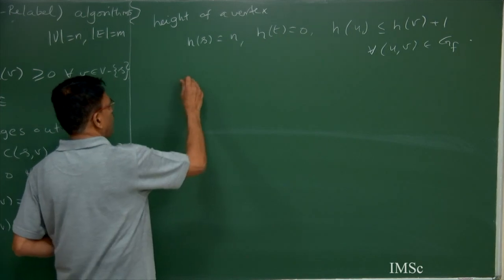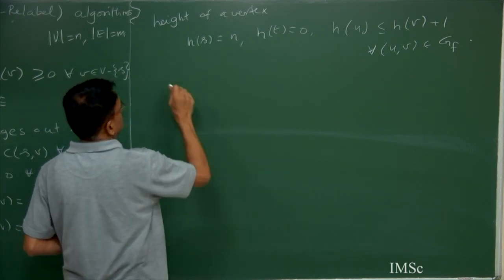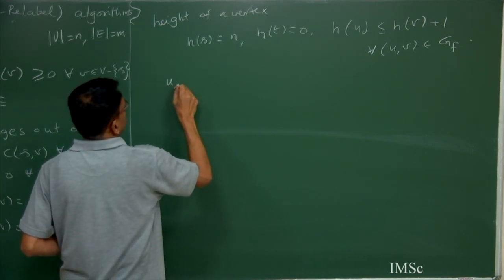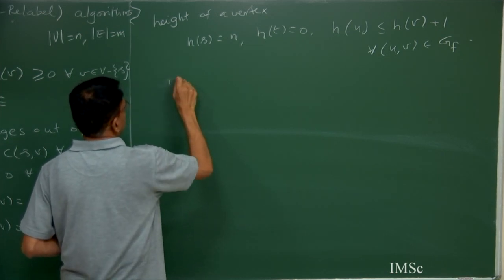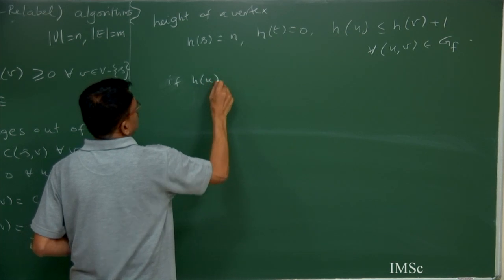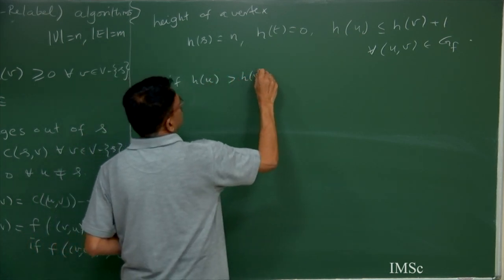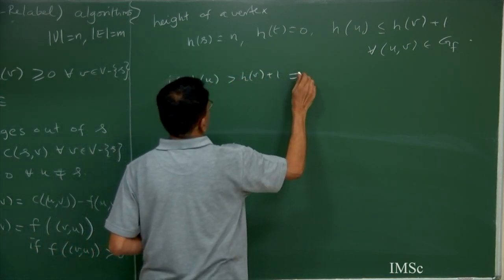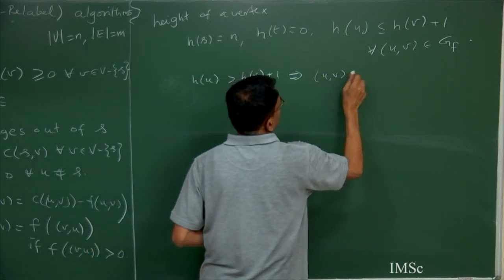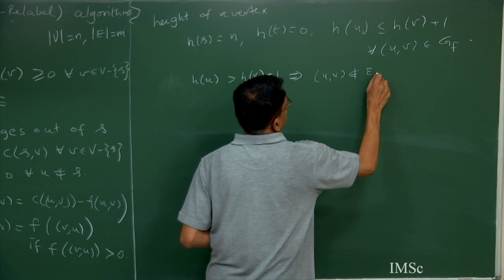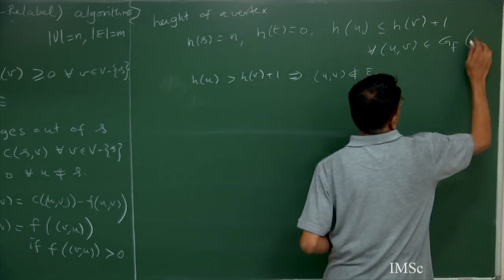So if h(u) is greater than h(v) plus 1, this implies uv is not in the residual network.